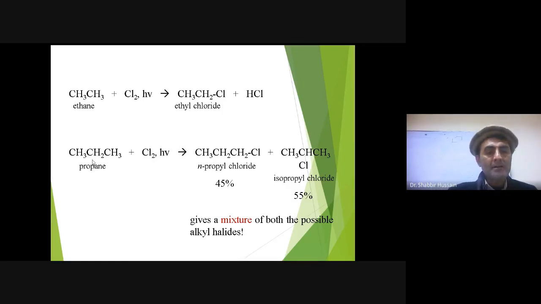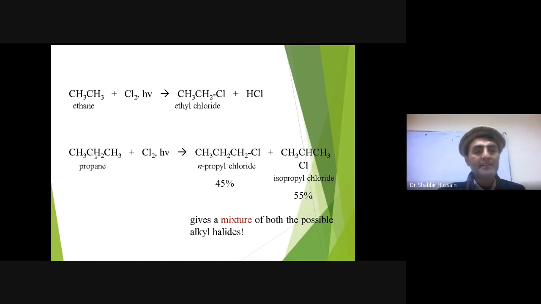In propane, there are two types of carbon. Two carbons are primary in nature, while the central carbon is secondary in nature, because that carbon is directly bonded with two carbons, that is called secondary carbon.